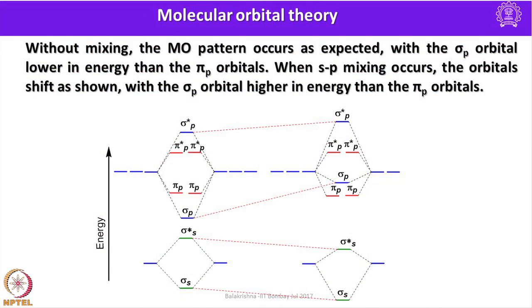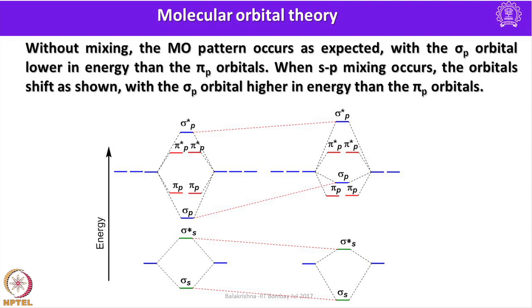In this one I have shown that as the electronegativity increases, as the orbitals come more and more towards the nucleus, there is a possibility of mixing of atomic orbitals even before the molecules are formed. So, without mixing the MO pattern occurs as expected. I have shown the MO diagram without mixing and with mixing. The first one is without mixing, similar to what I wrote for several molecules in my last lectures.